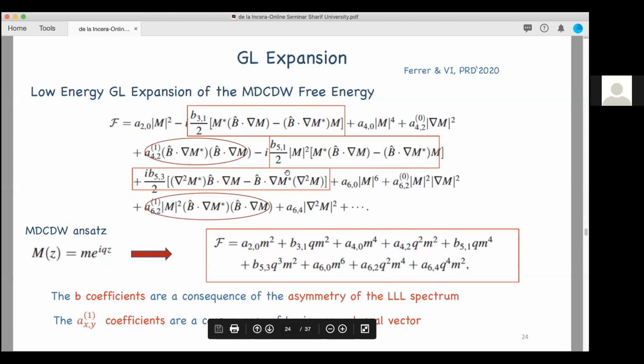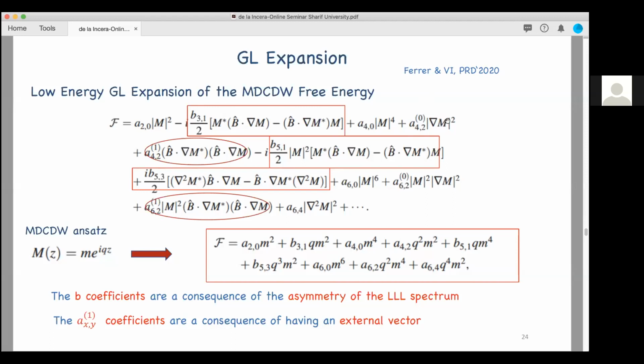So we have two types of new terms. In the absence of a magnetic field, you will have terms like this. If you have a complex parameter, for example, if you consider the DCDW phase with no magnetic field, you will have this, etc. Powers of M and derivatives of M. Once you have a magnetic field, you can have terms that come from replacing the gradient by the projection of the gradient along the magnetic field.